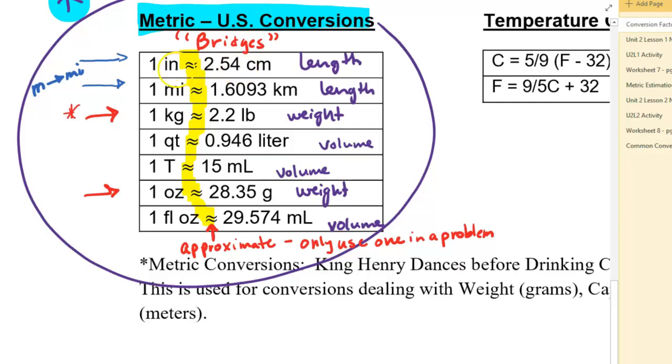Then we would get to inches. And then we would have to go from inches to feet to miles. So just to put that in perspective, we would have to go from meters to centimeters to inches to feet to miles. Ooh, that's a long string.